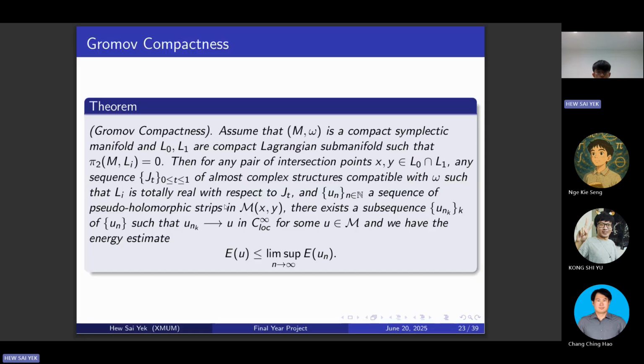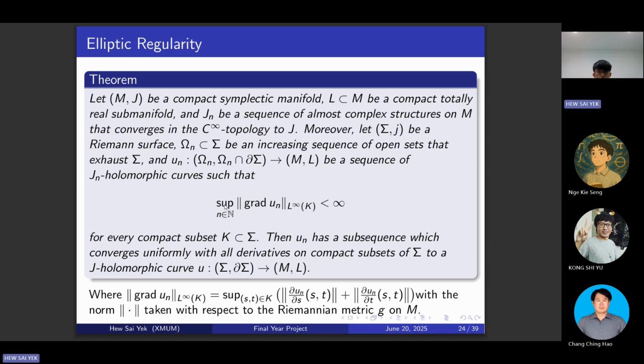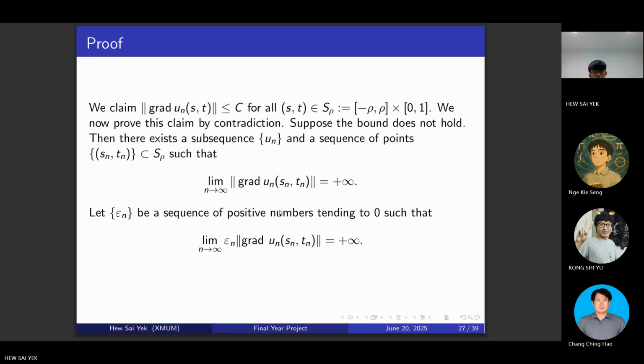Okay. We want to prove the Gromov compactness. By this theorem, we just need to show the gradient is uniformly bounded on all compact sets. We prove it by contradiction. Suppose this does not hold.